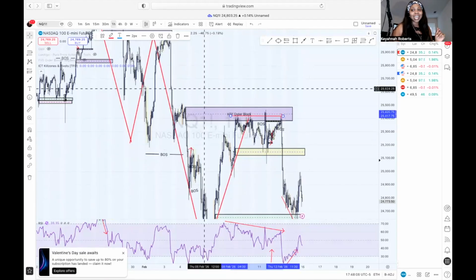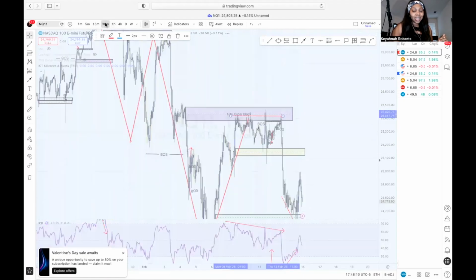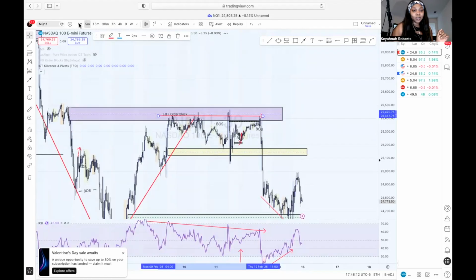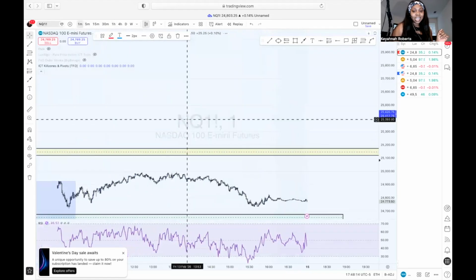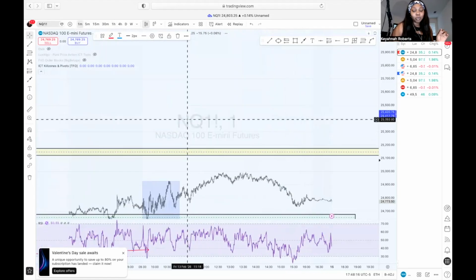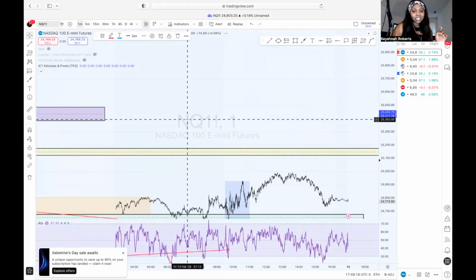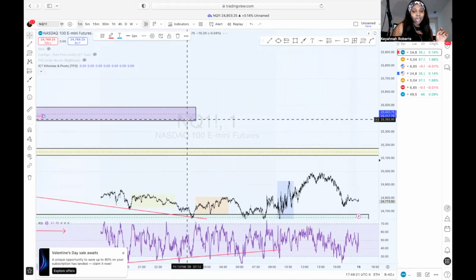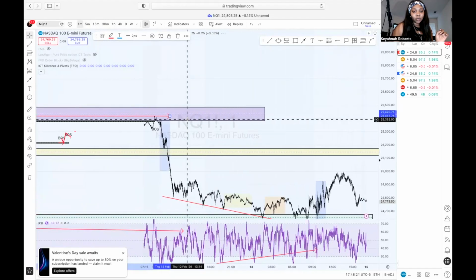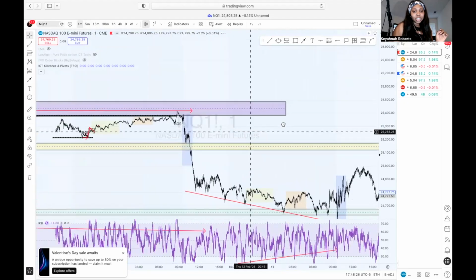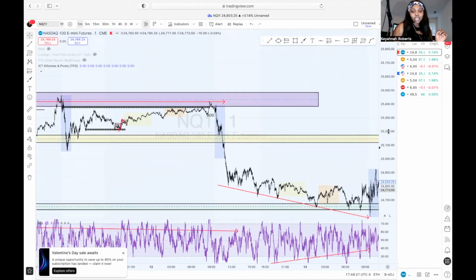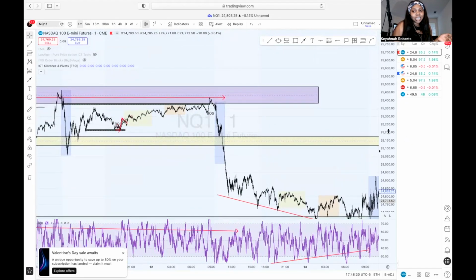So I did not get that sell because I was waiting for an actual break and retest. So that is what I was initially waiting for with this trade here. And it just didn't give me that.